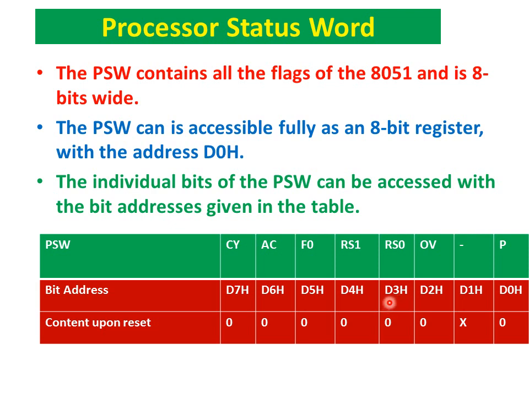Now observe D3 and D4 bits, used combinedly as RS0 RS1, nothing but register select. In the RAM 4 register banks are there: bank 0, bank 1, bank 2, bank 3. If RS0 RS1 is 00, bank 0 is selected. If 01, bank 1; 10, bank 2; 11, bank 3 is selected for operation.